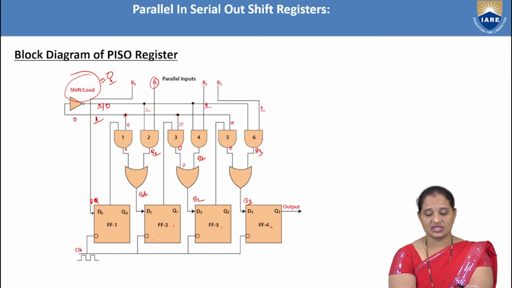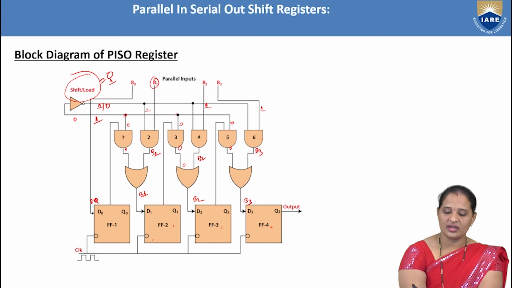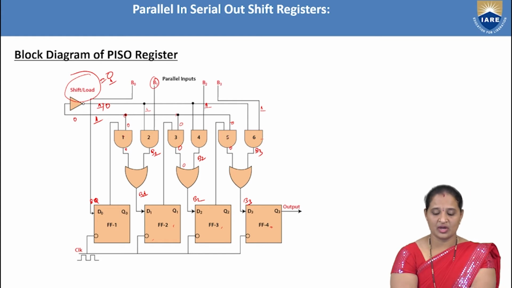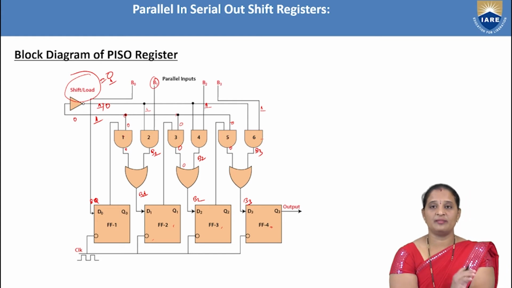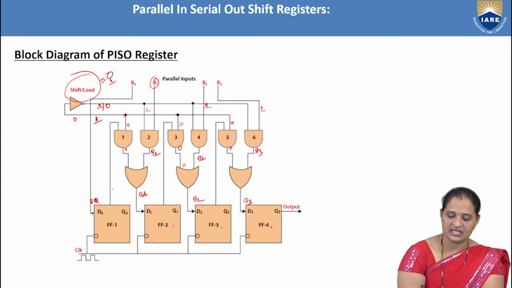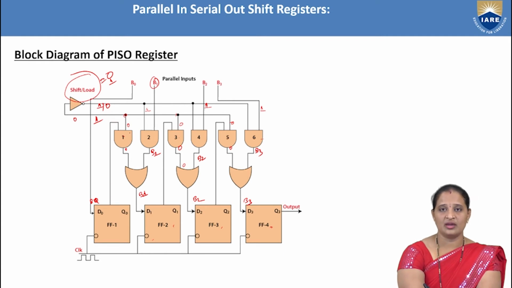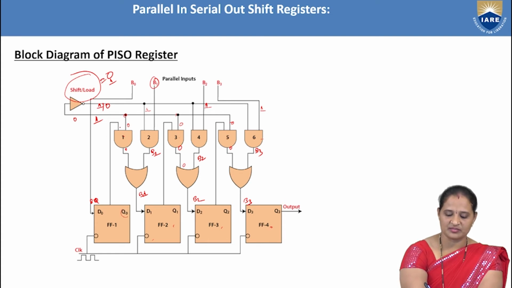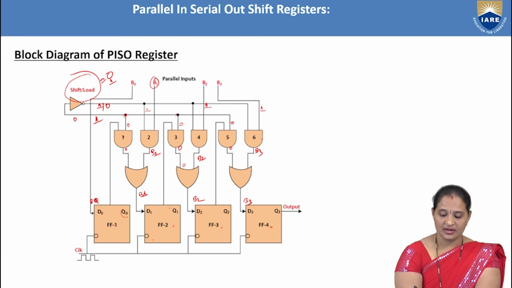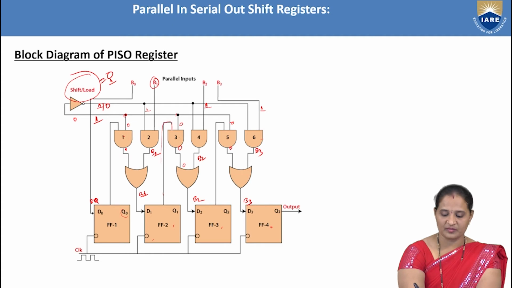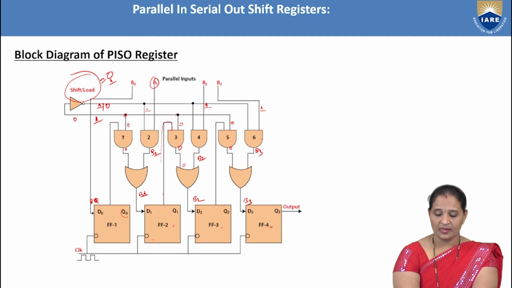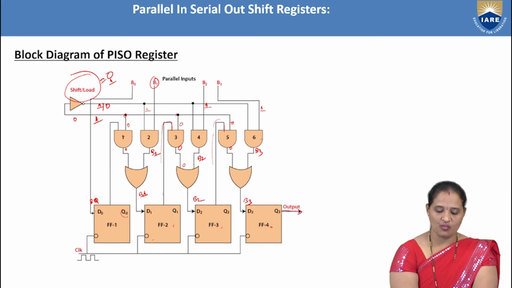So which logic gates are enabled here? 1, 3, 5 will be enabled now and 2, 4, 6 will be disabled. Now let us see the inputs to the odd numbered gates. The output of the first flip-flop is given as input to the first AND gate. Next, the output of the second flip-flop is given as input to the third AND gate. And the output of the last flip-flop we can take as the output.